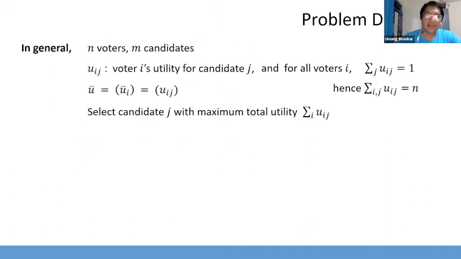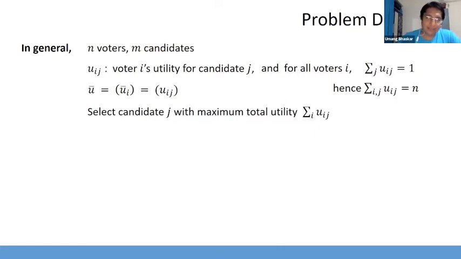Before that, let me just set up some notation. I'm going to use n for my set of voters and N for the number of voters, and m for the number of candidates. I'm going to use u sub ij for voter i's numeric cardinal utility for candidate j. The first subscript is the voter i, and I'm always going to use i prime and so on for voters. The second subscript, j prime or whatever, is going to be for the candidate.